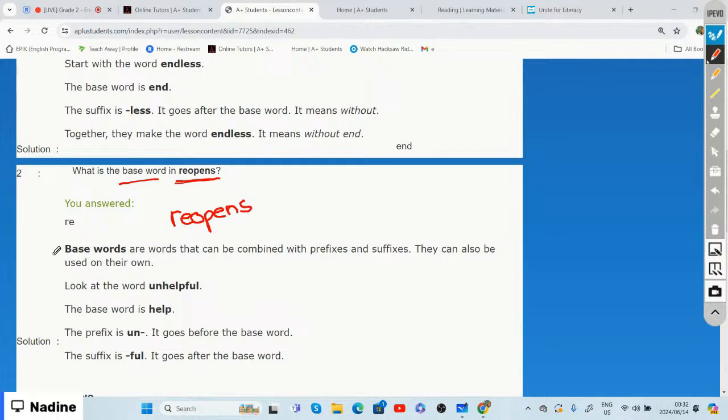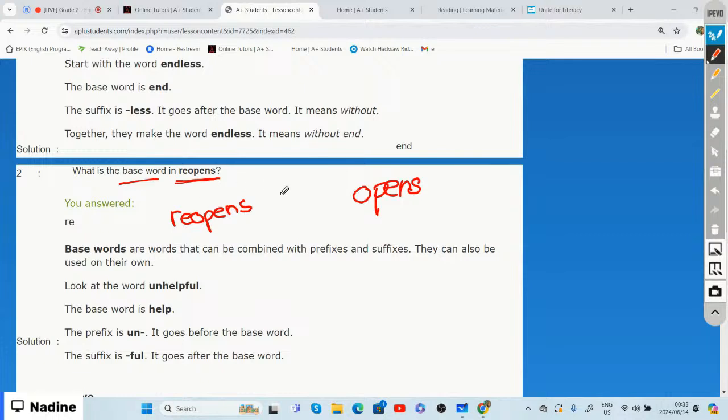What is the base word within this word? All right, so our base word is open or opens, right?